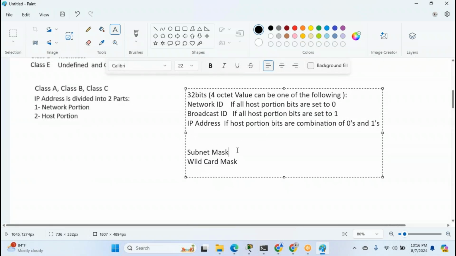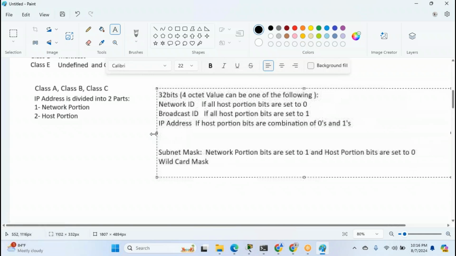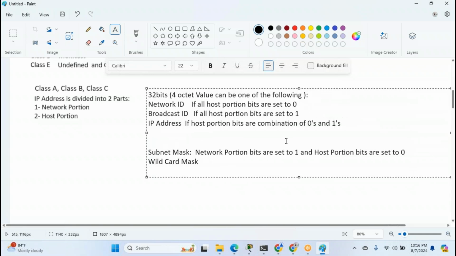In the same way, in a subnet mask, network portion bits are set to 1 and host portion bits are set to 0. So in a subnet mask, 1 is match, 0 is ignore.